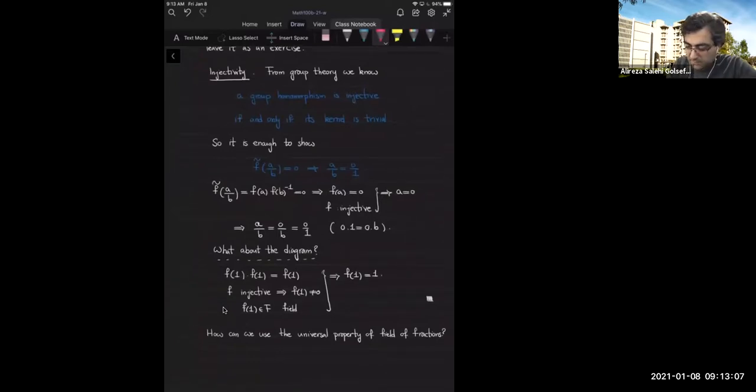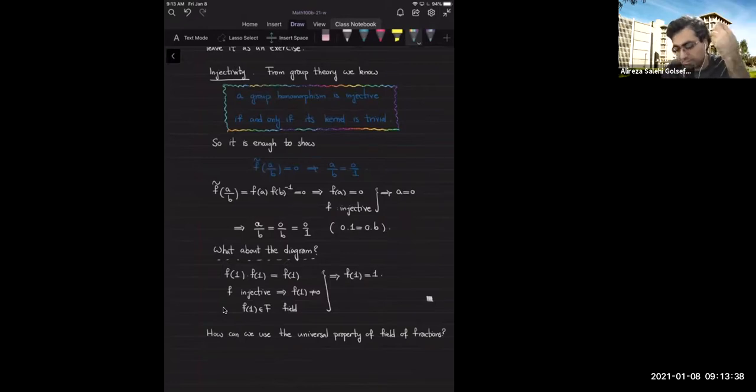What is the fact? It says that a group homomorphism is injective if and only if its kernel is trivial. But what does trivial mean? It means that the only element that's in the kernel is the neutral element. So in the additive setting, it is the same as saying that the only element that's in the kernel is 0.